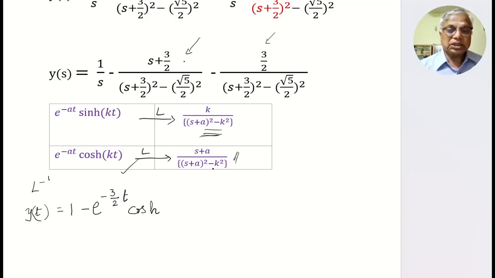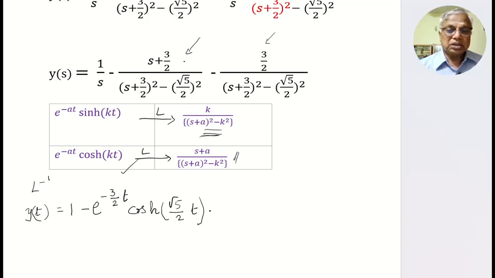What is k? k is root 5 by 2. So that is the inverse of the first term, s plus 3 by 2 by the denominator.